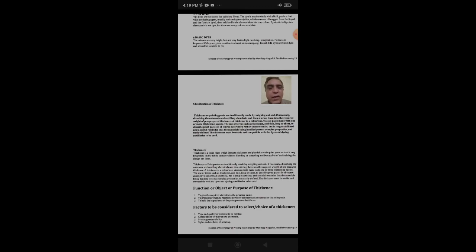If our color flows out of the design, then our design print will not be ready. So what is the purpose of thickener? To bind the color in the boundary of the design. Moreover, number 3, it keeps all the ingredients separate. They do not mix with each other until they are steamed in the next process.